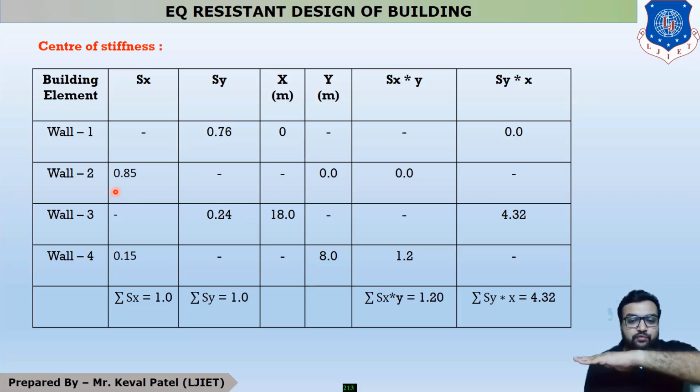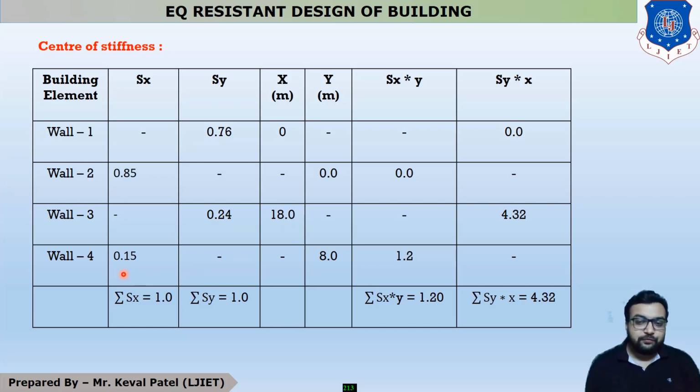The value of y for wall 2 is 0. Same, your wall number 3 is in y direction, so it takes load of x direction. So for wall number 3, the distance of x is 18 meter.